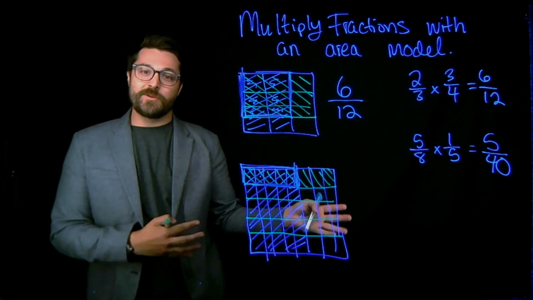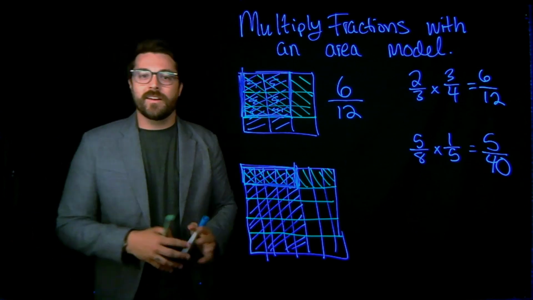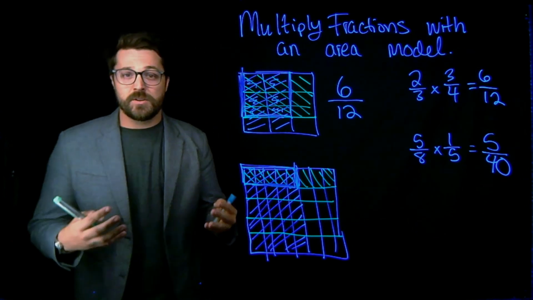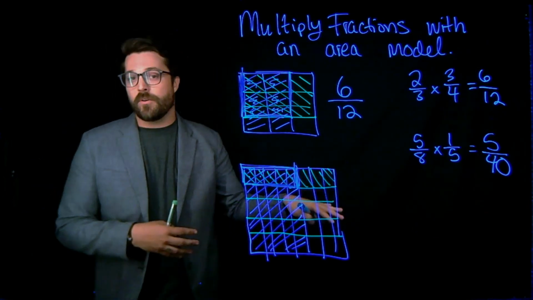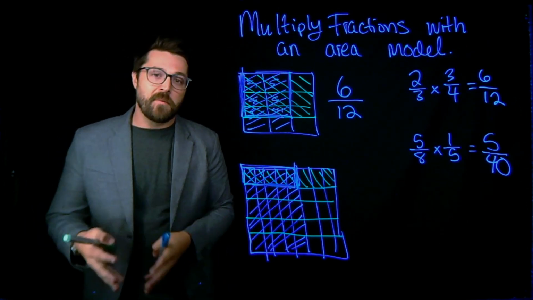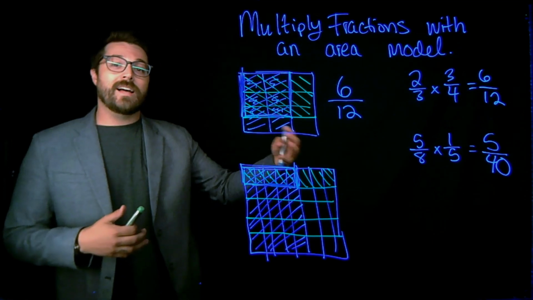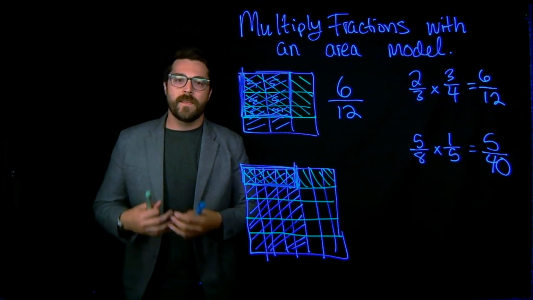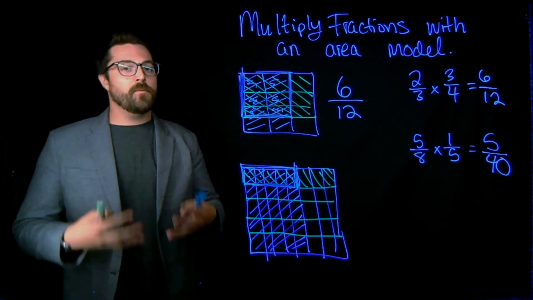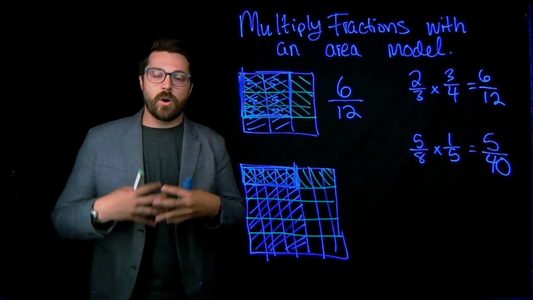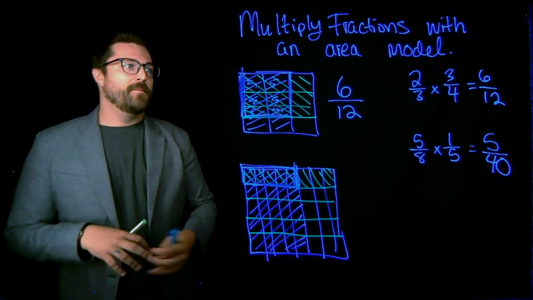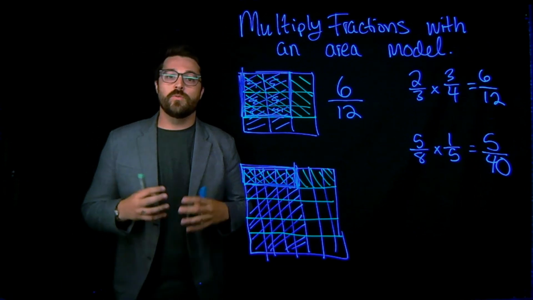Can I just do that and not draw the model every time? And we can challenge students. I don't know, let's test it out. Why don't you get the product first, then check it with your model and see if it works. And eventually they will generalize that idea on their own. And then instead of being a rule that they just memorized, it's something that they can truly own and understand. And so that's using the area model to multiply fractions.